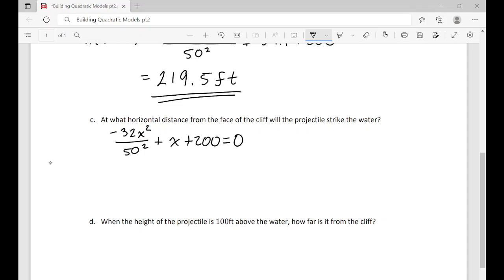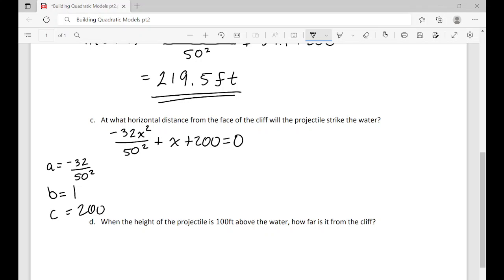So a is going to equal negative 32 over 50 squared, b is going to be 1, and c is going to be 200. I'm going to write it all out to how it should be put into the quadratic formula.